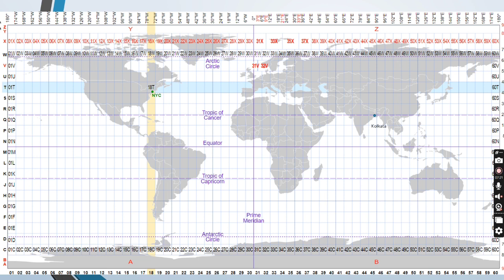This is very interesting. If you see here, A and B are there and in the northern extreme Y and Z are there, but how is it depicted? Y is in the western part, Z in the eastern part. A is in the western part, B is in the eastern part. That is very interesting. Why it is so? That thing also I will discuss.